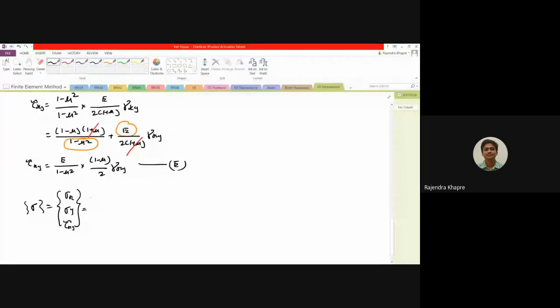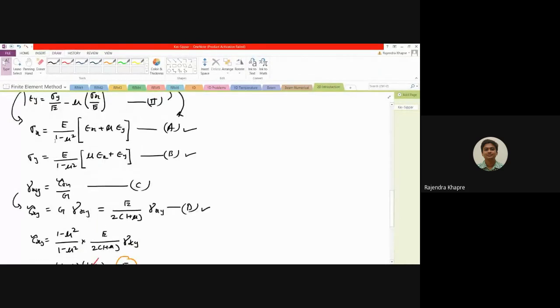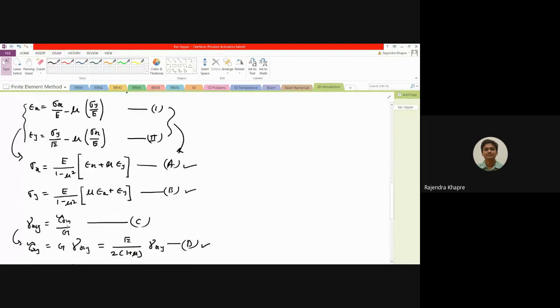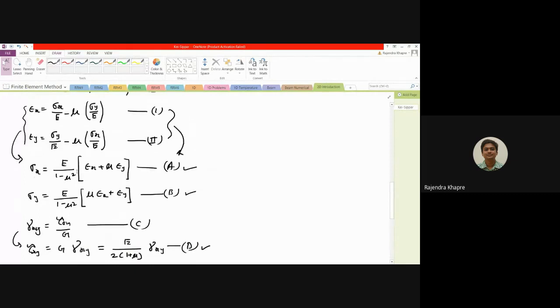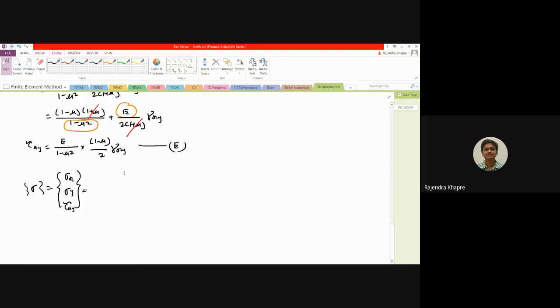We already have the expressions for sigma x, sigma y, and tau xy. If you refer to sigma x, we have one constant, multiplied by 1 into epsilon x plus mu into epsilon y. Let me write the same thing down first so that I can explain afterwards.